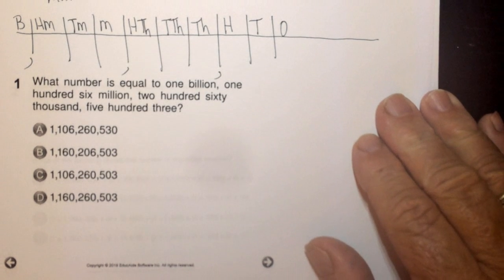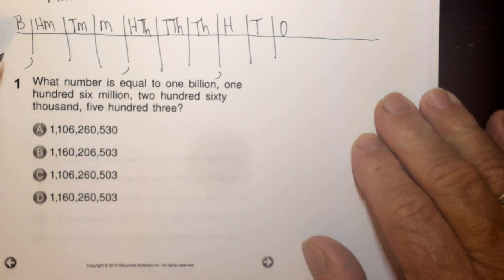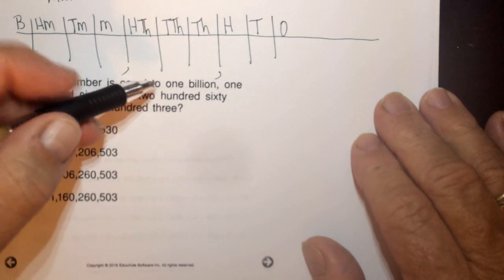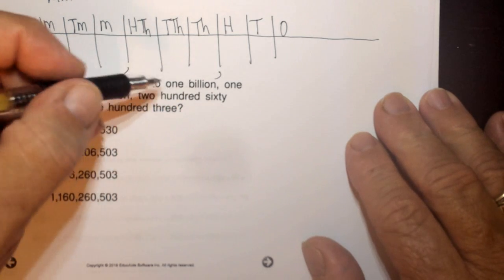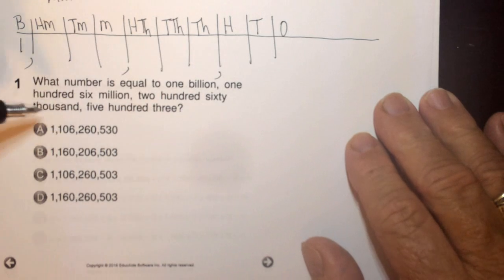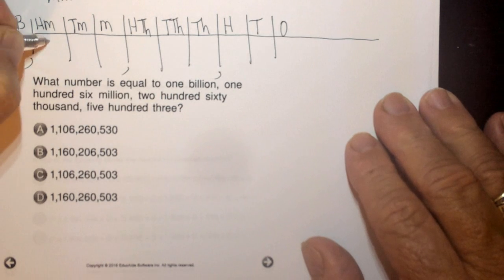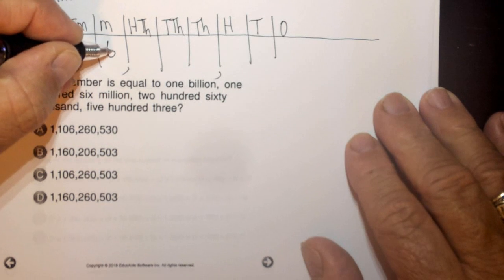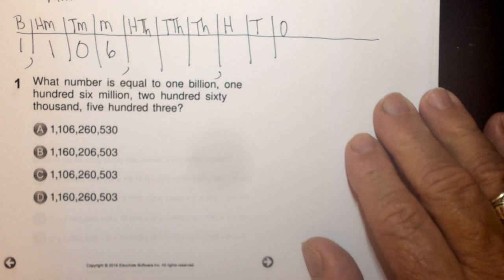And the way we teach our students to use this is every one of these commas means we say the name of that period. So when I put this number in here, it'll all start to make sense for them, hopefully. I have 1 billion, so I'll put a 1 there. I have 106 million, so I have 100, no 10 millions, and 6 millions.